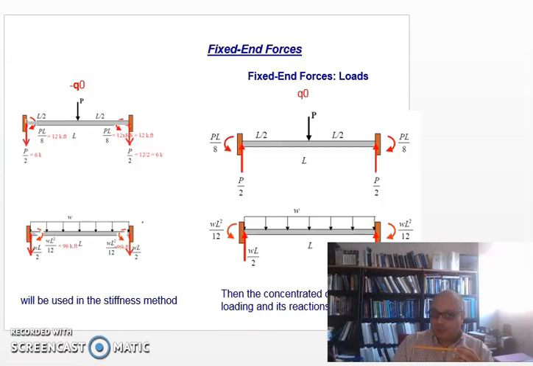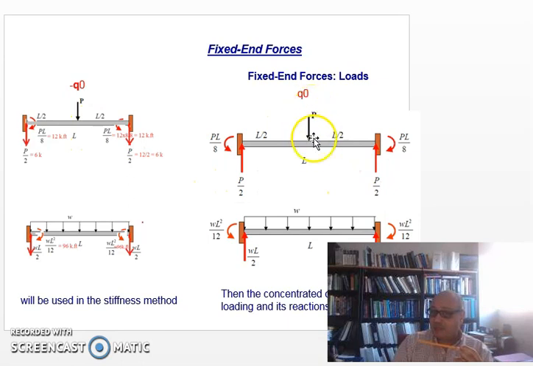So, for example, if you have a beam that is subject to certain loading right here, P, the effect of this P is pushing half of it, P over 2 here, and half of it, P over 2 here. And the fixed end moments here and there are PL over 8. And the reaction is going to be opposite to this. So if these forces are pushing down, the reactions are going to be opposite.